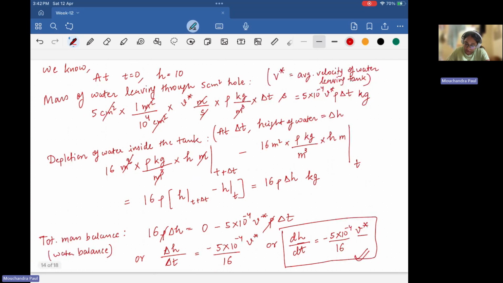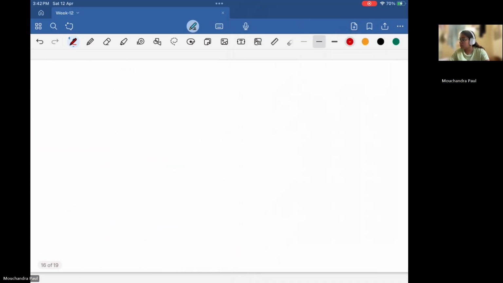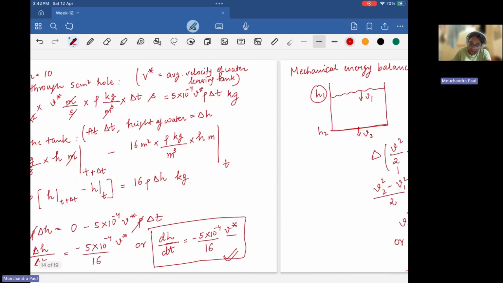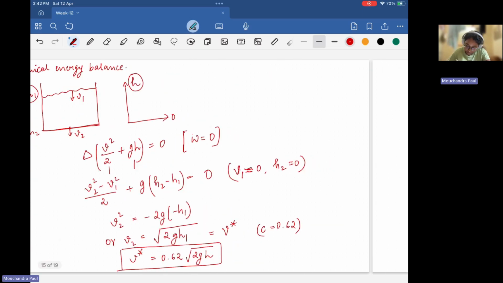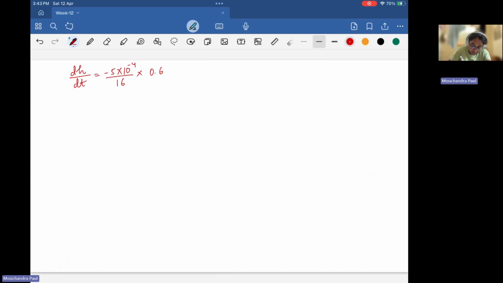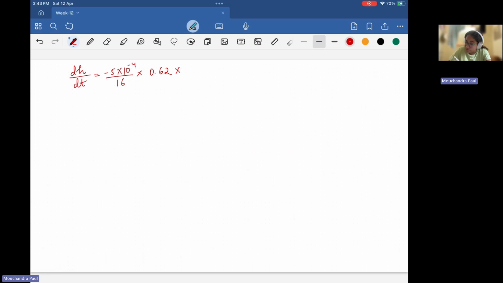So now we can substitute V star here. We get dH by dt is equal to minus 5 into 10 to the power minus 4 by 16 times V star, where V star is 0.62 into root 2 times H to the power half.